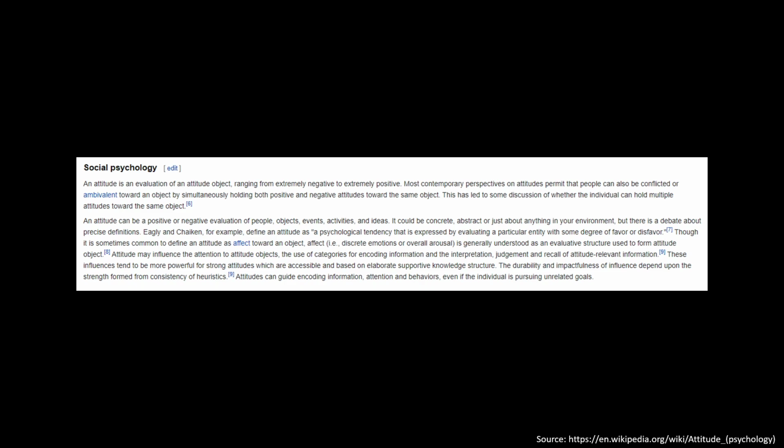These influences tend to be more powerful for strong attitudes, which are accessible and based on elaborative supportive knowledge structure. The durability and impactfulness of influence depend upon the strength formed from consistency of heuristics. Attitudes can guide encoding information, attention, behaviors, even if the individual is pursuing unrelated goals. So that's a lot to take in, but I'm going to break that down for everybody.